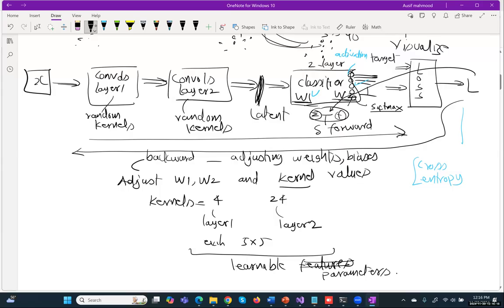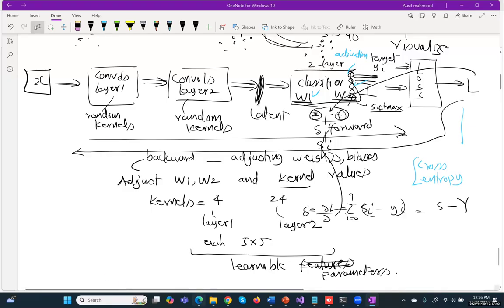If we call this S of i, and the target is Y of i, then the delta, which is partial L over partial whatever this middle is, was simply S of i minus Y of i, for i equal to 0 through 9. Or in vector form, I could say S minus Y.